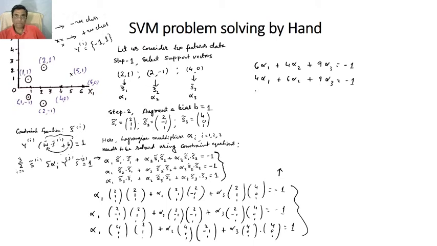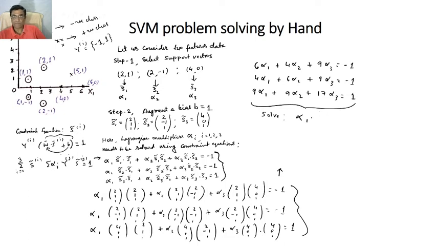And then another equation you will get: 9 alpha 1 plus 6 alpha 2 plus 17 alpha 3 equals 1. So solving this, by solving you get alpha 1. Three simultaneous equations, three unknowns.